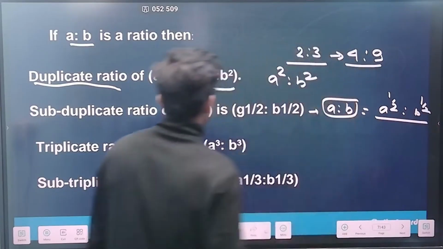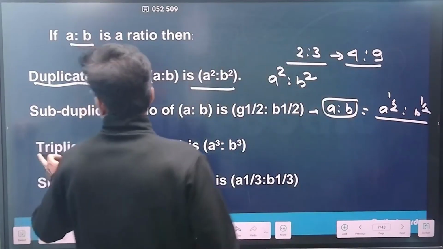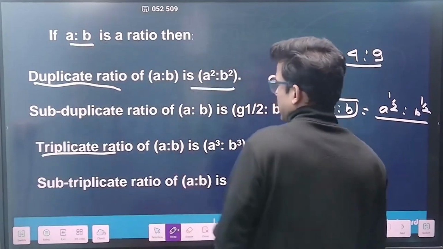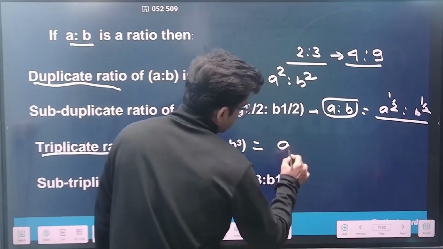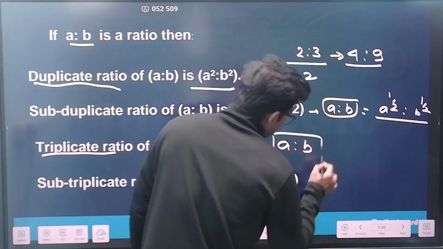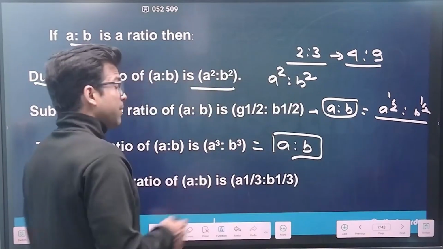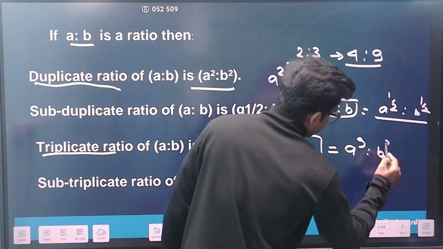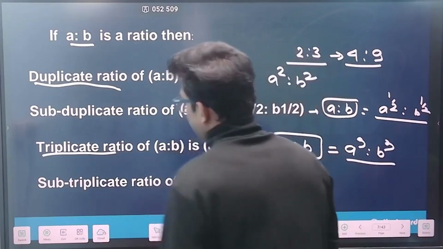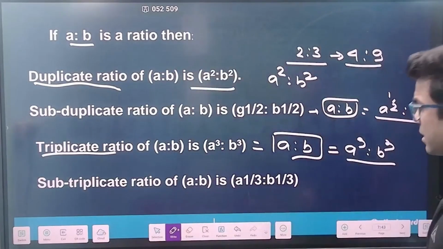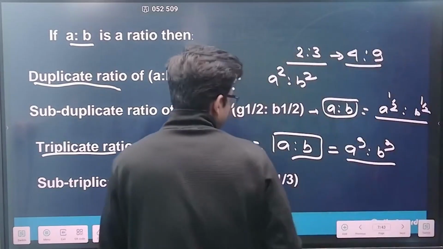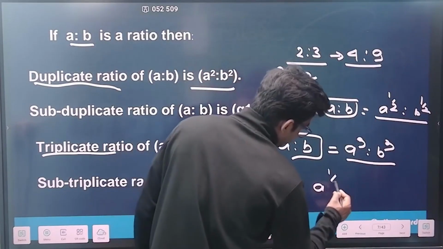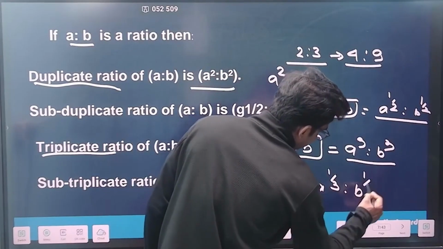If they are asking triplicate ratio, and the ratio is in the format of A is to B, then cube it: A cube is to B cube. This is called triplicate ratio. If they are saying sub-triplicate ratio, then again do the power of 1 by 3 to both: A to the power 1 by 3 is to B to the power 1 by 3.